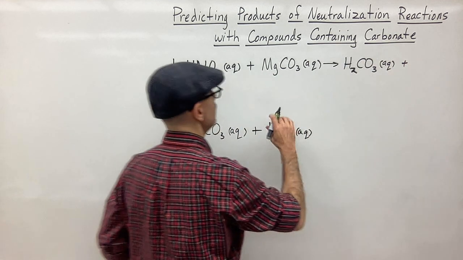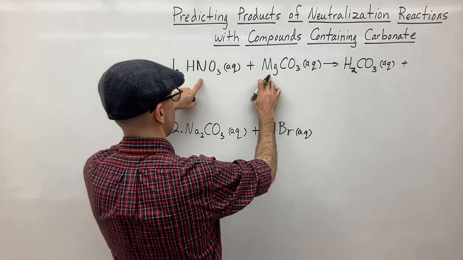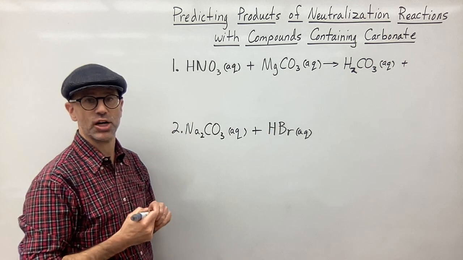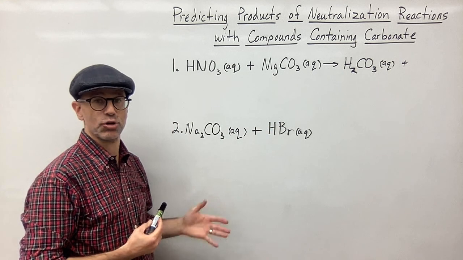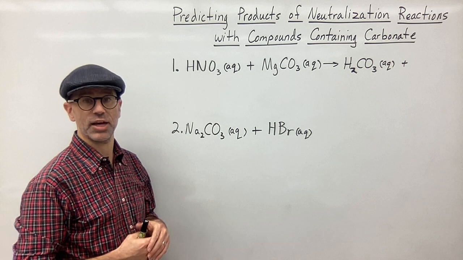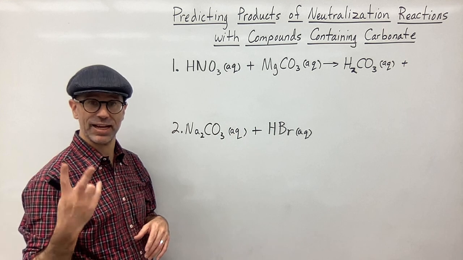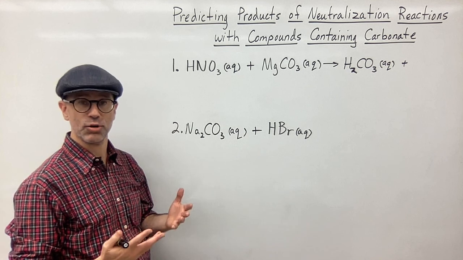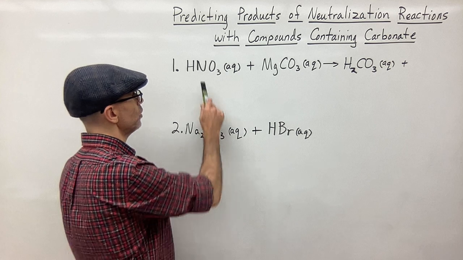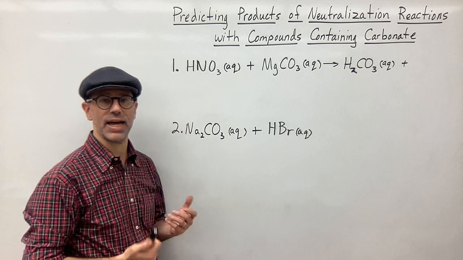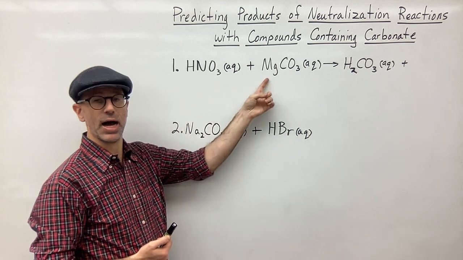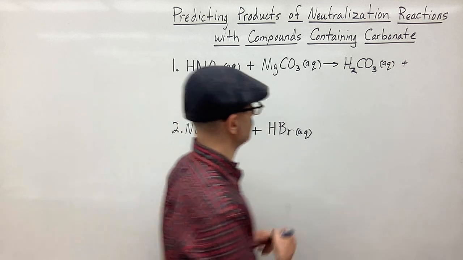And then we're going to take the inside ions together, so we have magnesium and nitrate. The magnesium has a 2+ charge on it. We know that because it's in group 2. Group 2 metals have a +2 charge because they're going to give away two electrons in their outermost shell, and that's what gives them the plus charge. The nitrate ion has a -1 charge, so we're going to need two nitrate ions to balance the +2 on the magnesium.